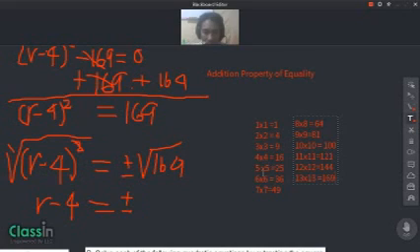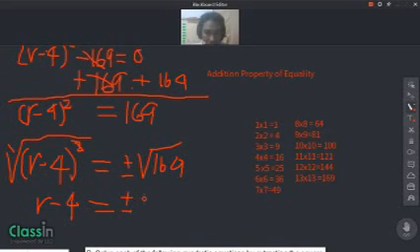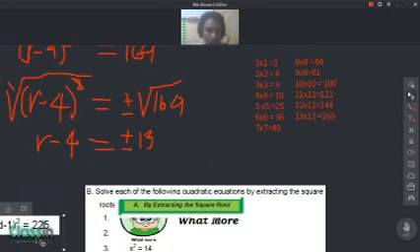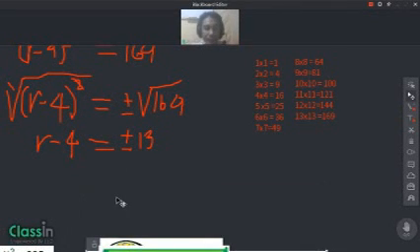The number that when you multiply it by itself results in 169 is 13. So our answer is positive or negative 13. Meaning to say, positive 13 times positive 13 equals 169, or negative 13 times negative 13 is also 169.